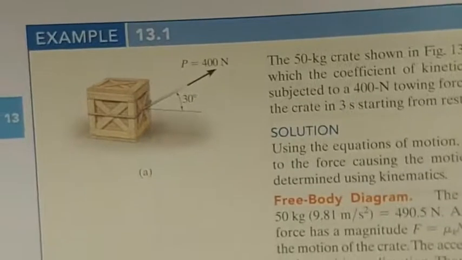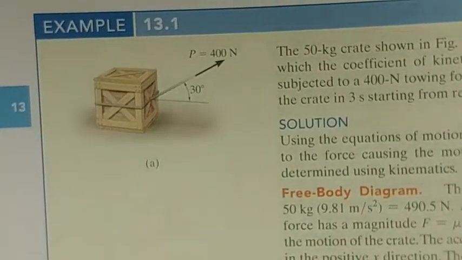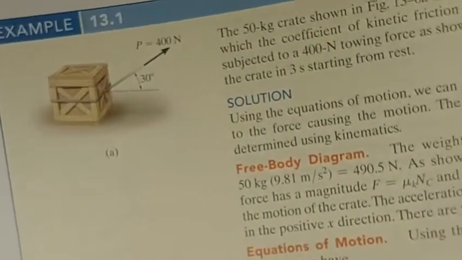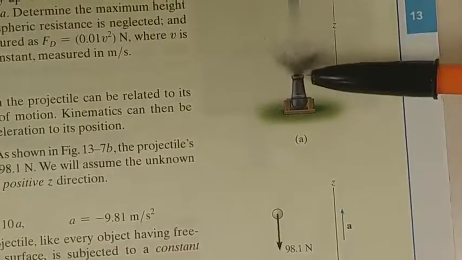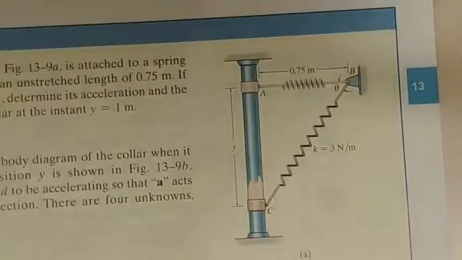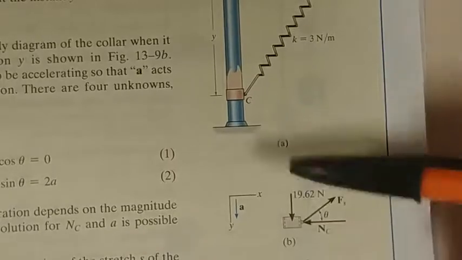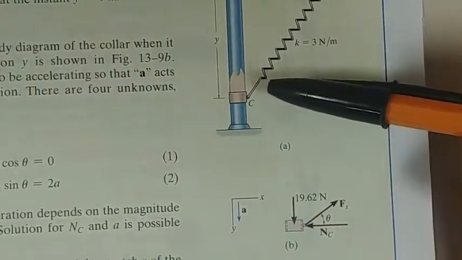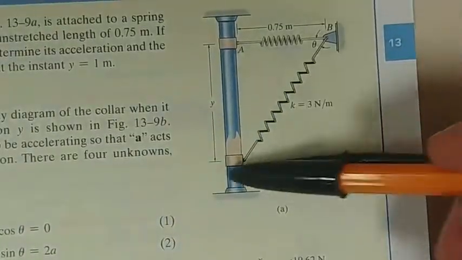So you've probably done this one in class, example 13.1. But there's a single particle. 13.2, you've got a single particle. 13.4, again, you've got a single particle. And you're analyzing a single particle.